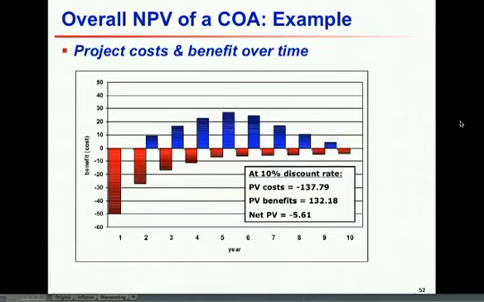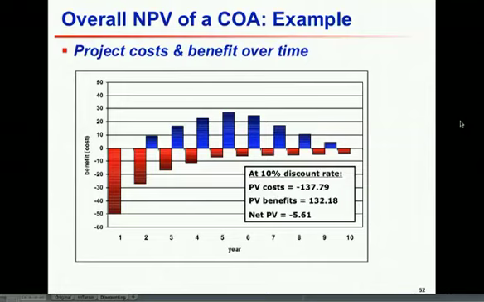However, let's suppose we get a 10% discount rate. At a 10% discount rate, you see that we've shortened the future bars even more. The bar in year 1 doesn't get shortened at all because you don't discount the first year. Now things that happen in the future are less important to us than they were with a lower discount rate. And now the present value of the cost is negative 138, and the present value of the benefits is 132. So now the net present value is negative.